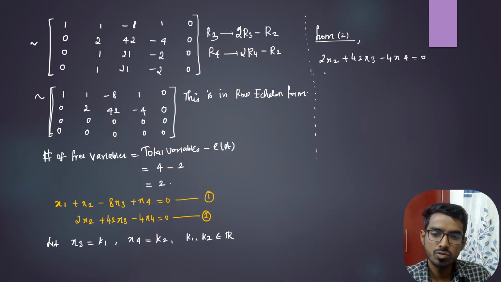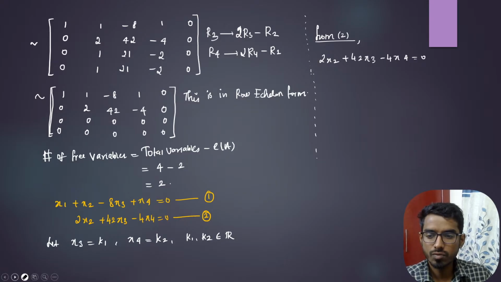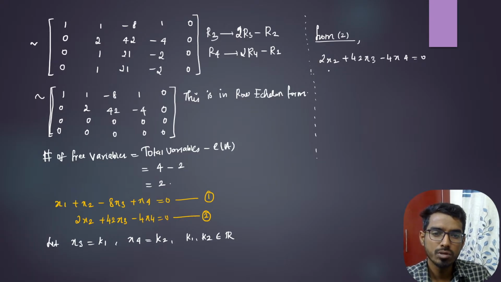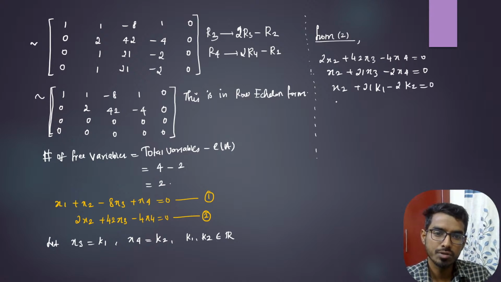We need to find x2, so we can divide by 2. So x2 plus 21x3 minus 2x4 equal to 0. So x2 plus 21 times k1 minus 2 times k2 equal to 0.